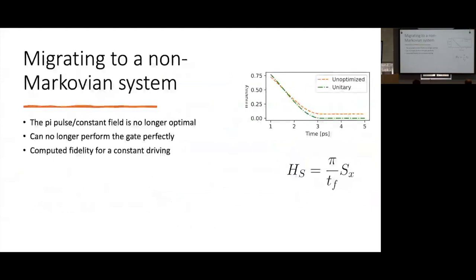Okay, so before I show you the results of the optimization, let's just take that simple control process and put it in this model. In this case, we have a coupling to SZ, and that simple control is just to drive along SZ. Sorry, drive along SZ, that should be SZ, not SX. So actually, this is an exactly solvable model. Or you can use TEMPO and plot the infidelity, and you find this result here.